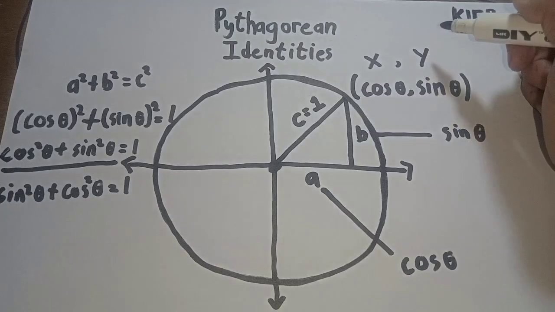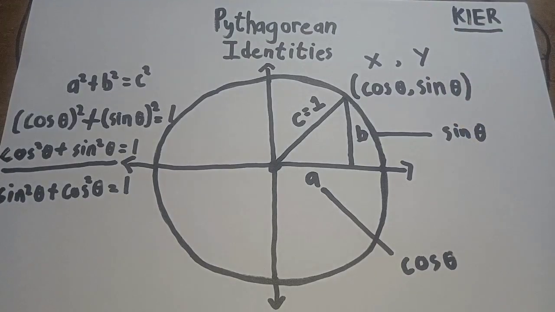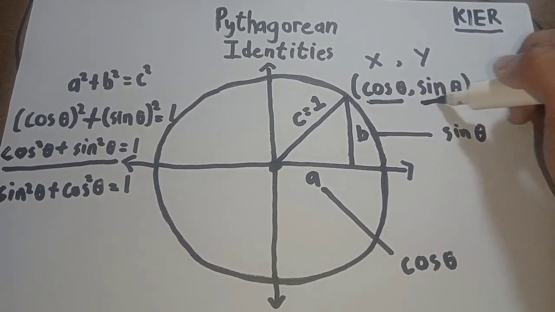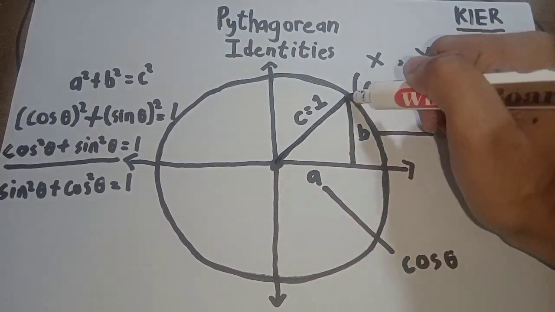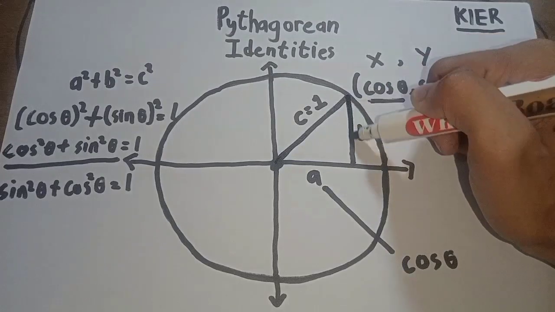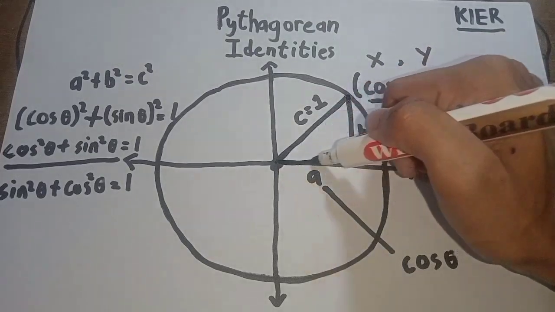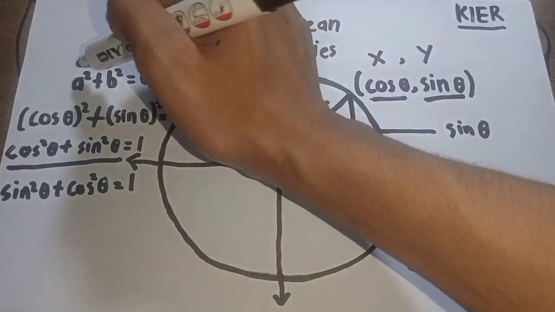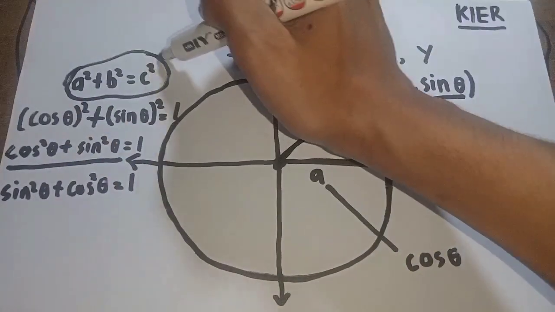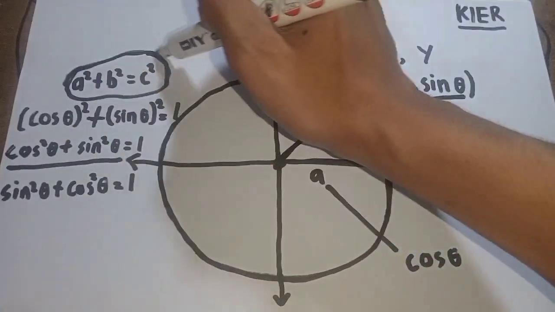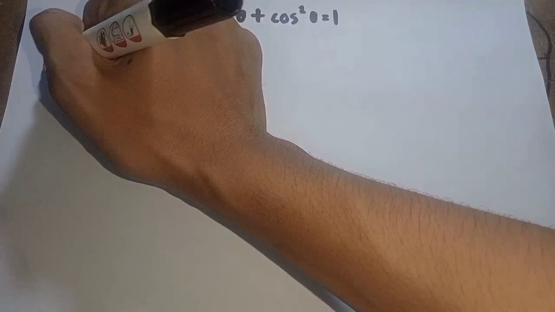For trigonometric purposes, these coordinates are defined as cosine theta and sine theta. Drawing a line from the origin to the point cosine theta, sine theta forms a right triangle with the x-axis. You can only use the Pythagorean theorem if the triangle has a right angle. We have now our first Pythagorean identity.